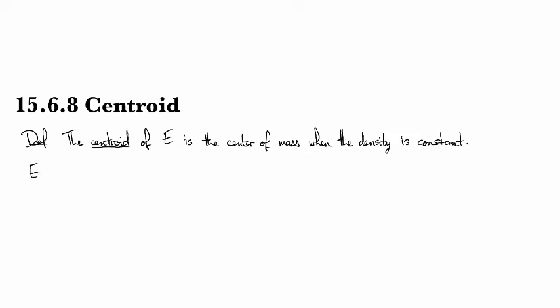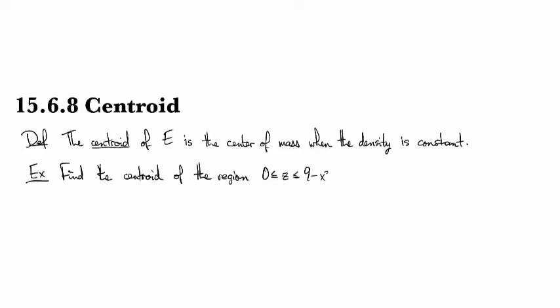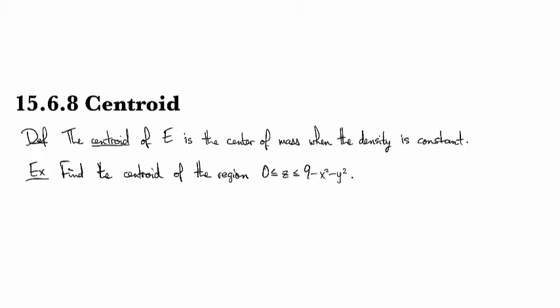So suppose we want to find the centroid of the region where the coordinates satisfy z is non-negative but bounded by 9 minus x squared minus y squared. Okay, so it's always good to know your region.